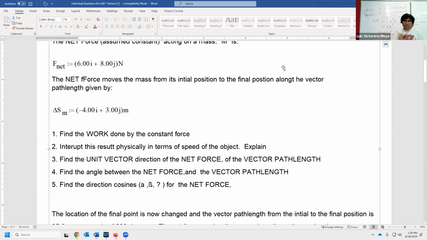So you have here, say, a force. If you find some changes of that file, it's because I'm gonna go over and take a look. Some of them seem to be redundant, but if I give you a force, say in that one, they give you 6i plus 8j Newtons.